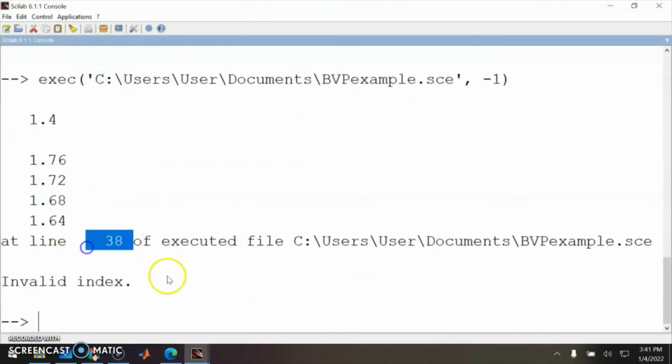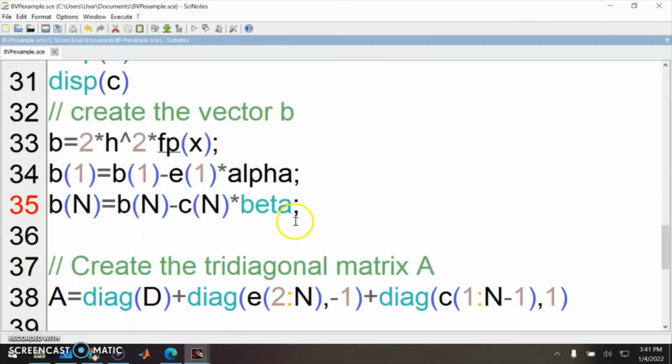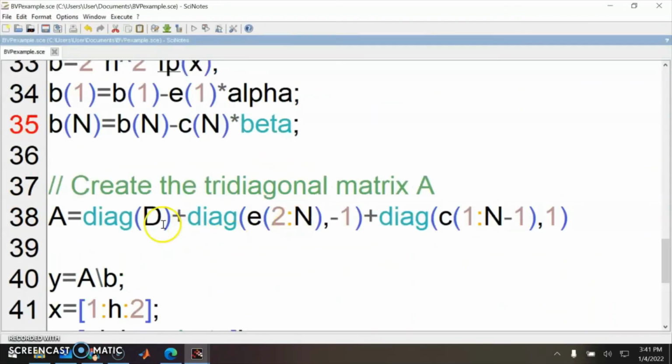Okay, now line 38. Line 38 is invalid index. Let me see. Diagonal D plus diagonal E from 2 to n, plus diagonal C from 1 to n minus 1, 1. I'm just worried about the bracketing here. Is the bracketing all correct?